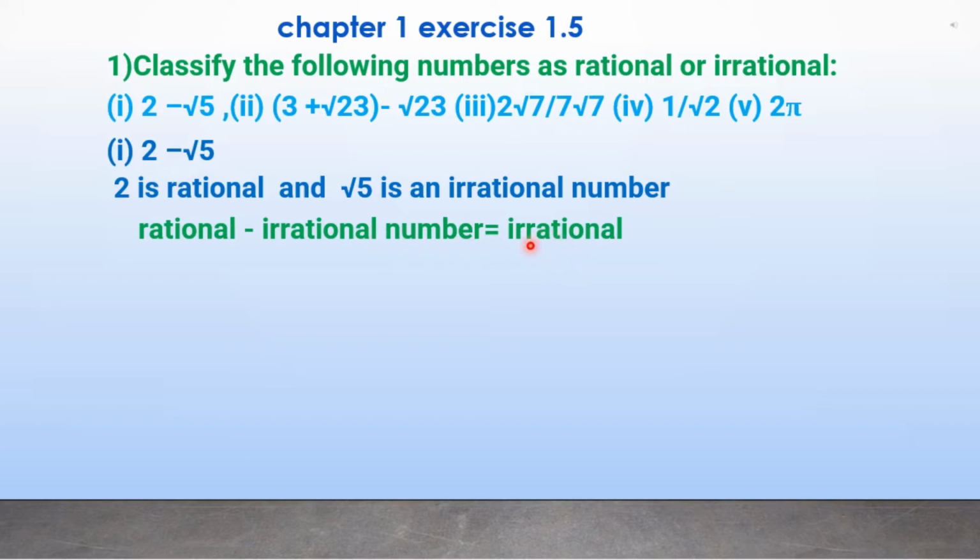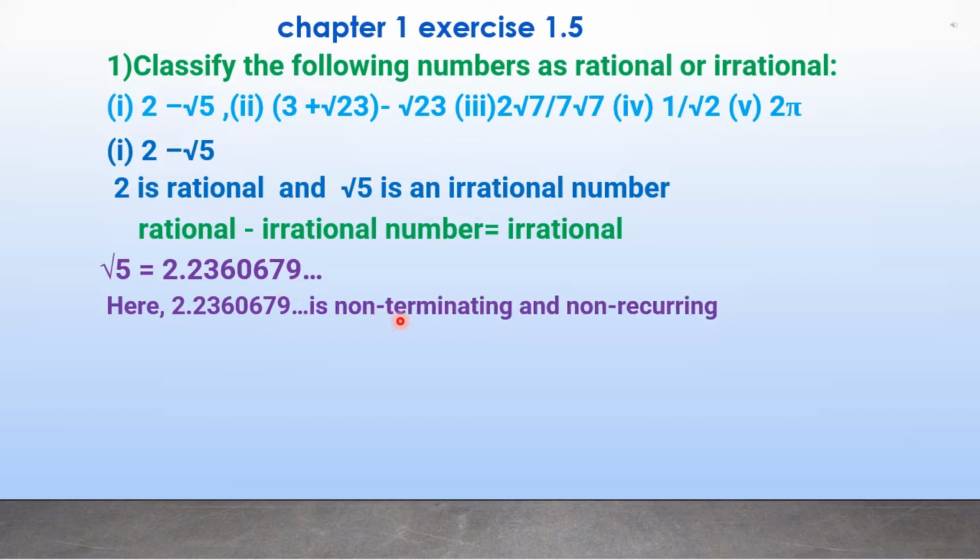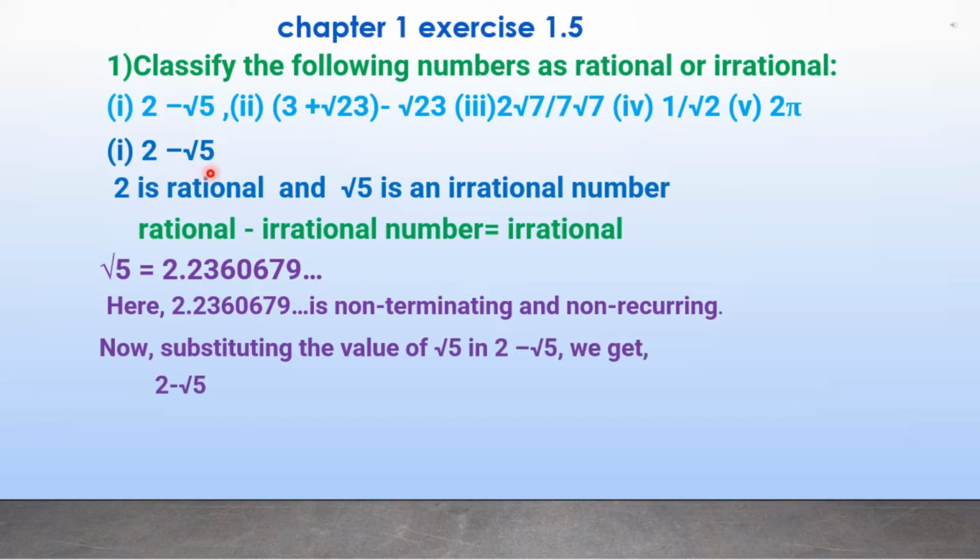We know that square root of 5 is equal to 2.2360679 and so on. Here, this number is non-terminating and non-recurring. Now, substituting the value of square root of 5 in 2 minus square root of 5, we get 2 minus square root of 5 is equal to 2 minus 2.2360679 and so on, which is equal to minus 0.2360679.